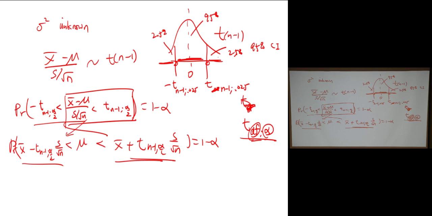So what assumption have we made in order to use this formula? Do I need to know sigma? No need. I don't need to know sigma. I just use the sample variance. Do I need the normal assumption? Does this follow a T distribution?